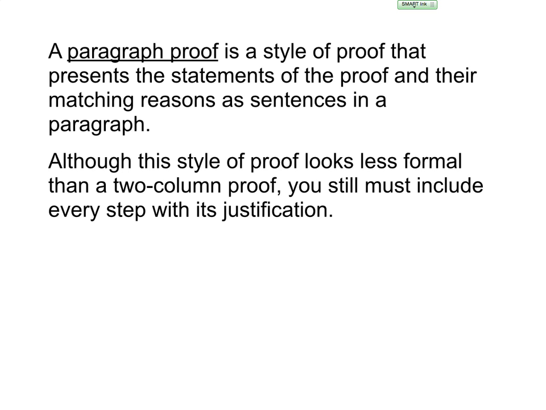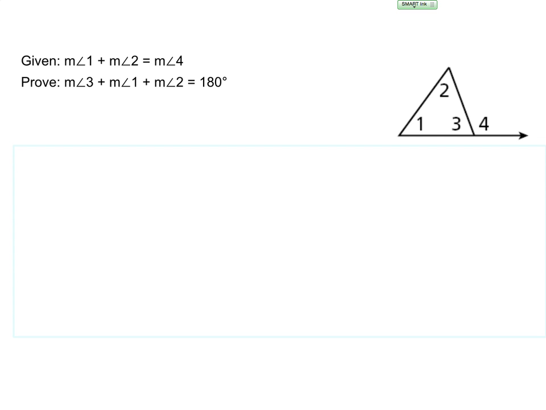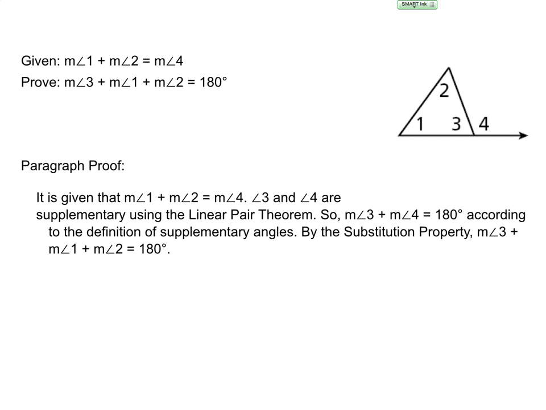Instead of because, it would get boring if you use that all the time, you just switch up and use some other connecting words. It's going to look less formal than a two-column, but it still has all the statements and reasons just written in sentences. It's kind of small there, I didn't get that enlarged. But here's going to be a paragraph proof. Kind of a short little paragraph, but notice how it's written in sentences. Is that big enough for you to see okay?